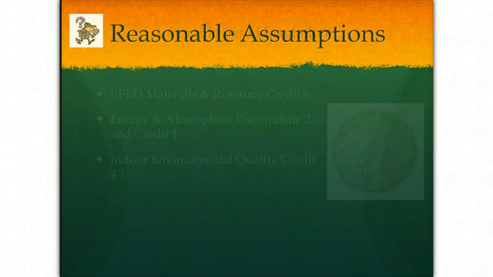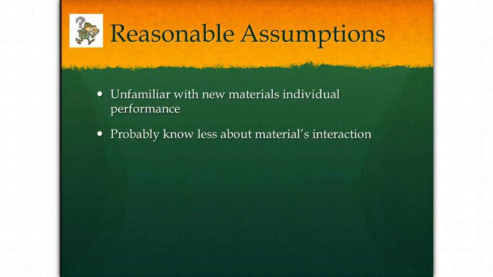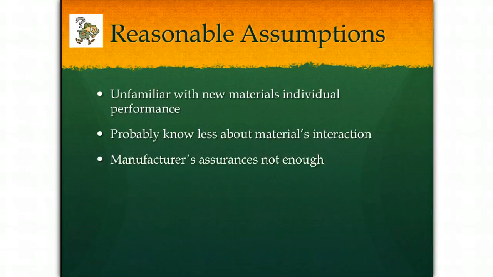We believe that it is reasonable to assume that if we are relatively unfamiliar with a new material's individual performance, then we probably know even less about the material's interaction with other adjacent components. Our ignorance about the performance of new materials should not be disregarded because the manufacturer of these materials assures us that the product is appropriate for LEED certified buildings.